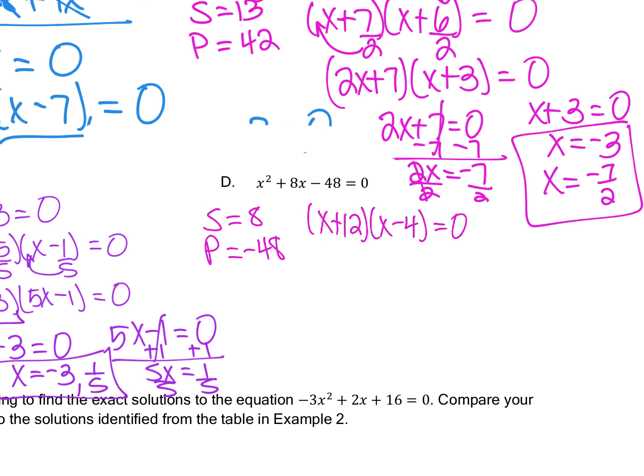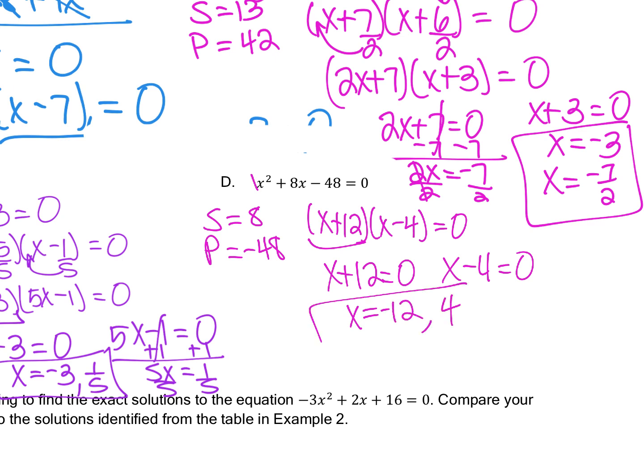Those add to positive 8, multiply to negative 48. Notice in front that's a 1, so I don't necessarily have to use the swing method, but I get the same thing. So make sure you set each piece equal to 0. So x will equal negative 12 and 4.